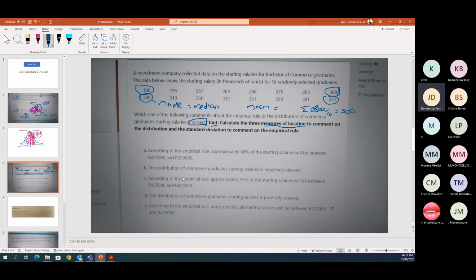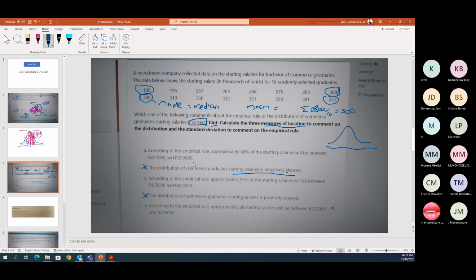So it's not distributed negatively, because when mean, median, and mode are exactly the same, we know that we are dealing with a bell-shaped normal distribution, so it is not negatively or positively skewed. Okay, so it's definitely not positively skewed.